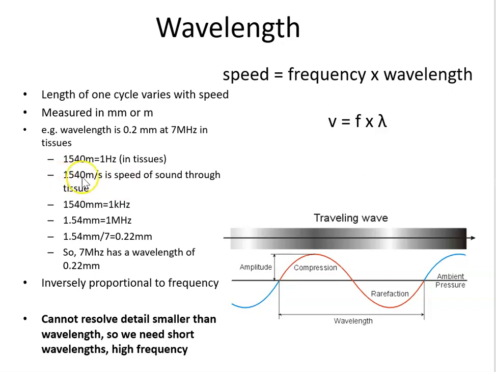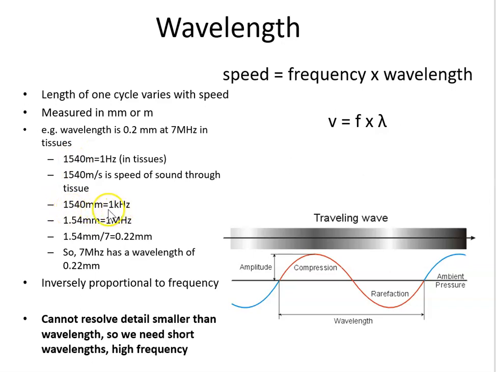So the speed of sound through tissue is 1540 meters per second. Therefore, if we have a wavelength of 1540 meters, that would be equivalent to 1 hertz. Using that, we can then also say that, well, let's reduce this by 1000 to 1540 millimeters.